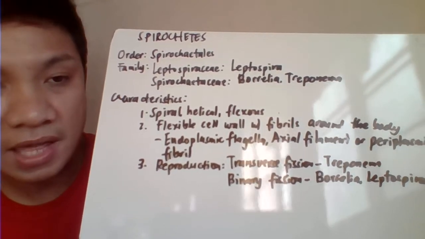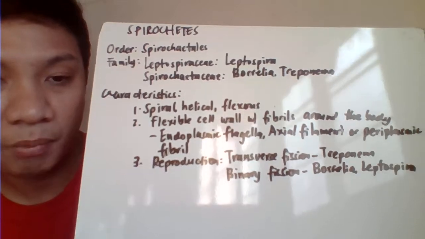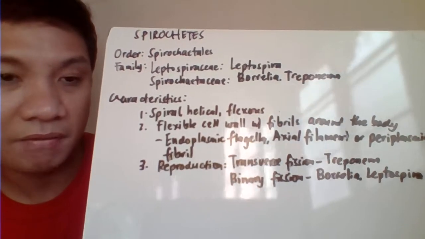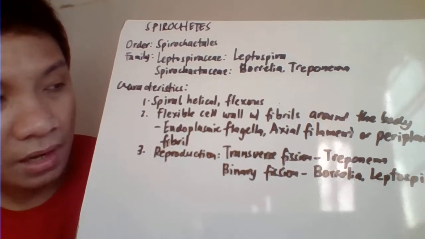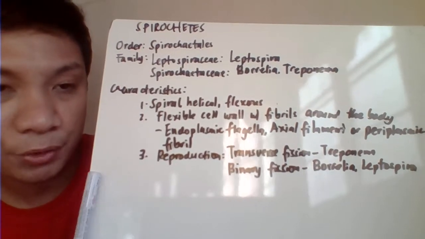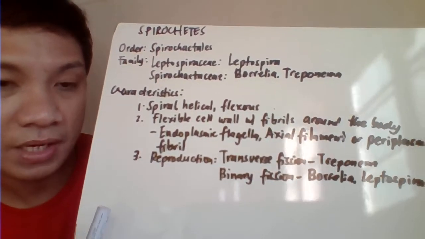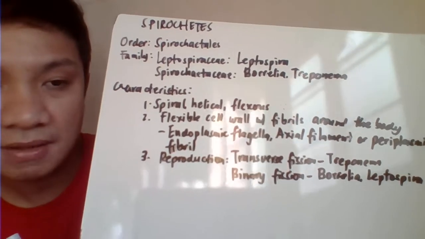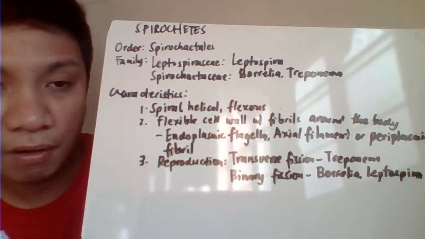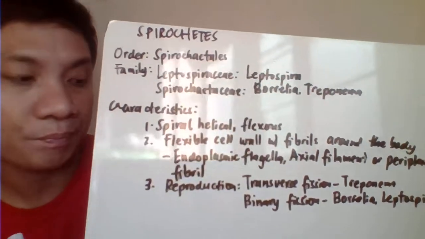And we have also the arthropod-borne, tick-borne infection caused by Borrelia. Basically, they reproduce by binary fission in the case of Borrelia and Leptospira, but in the case of Treponema, that one is capable of transverse fission.